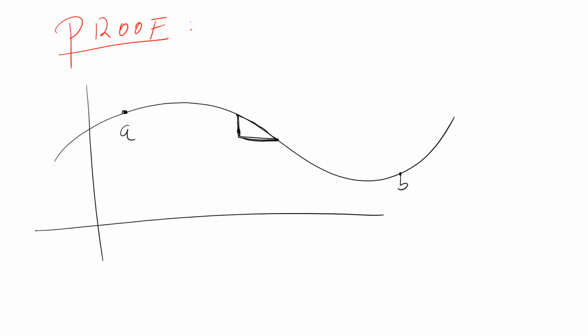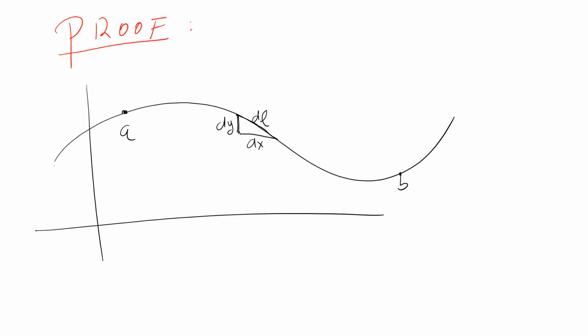Here I wanted to make a right angle triangle. Let us consider that this one is the dx, this one is the dy, and this one is the small arc, ds.